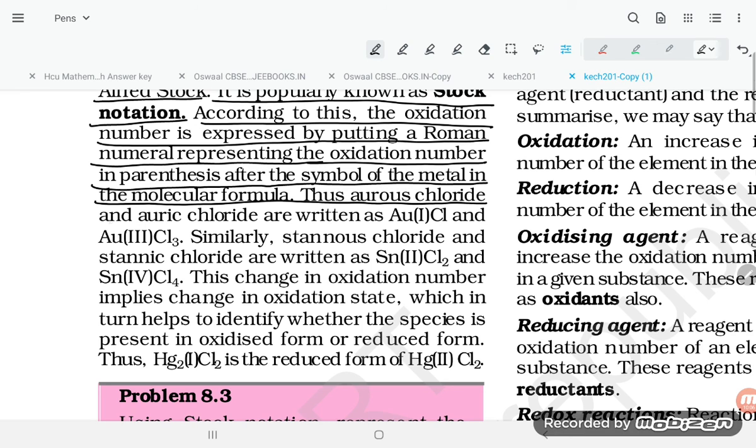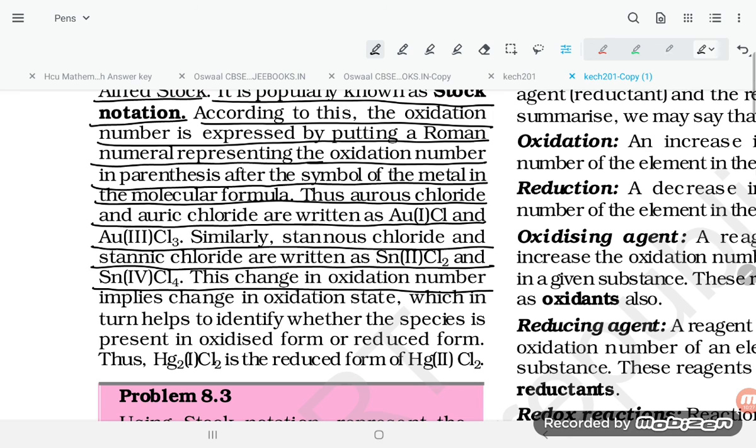Thus, aurous chloride and auric chloride are written as Au(I)Cl and Au(III)Cl3. Similarly, stannous chloride and stannic chloride are written as Sn(II)Cl2 and Sn(IV)Cl4.